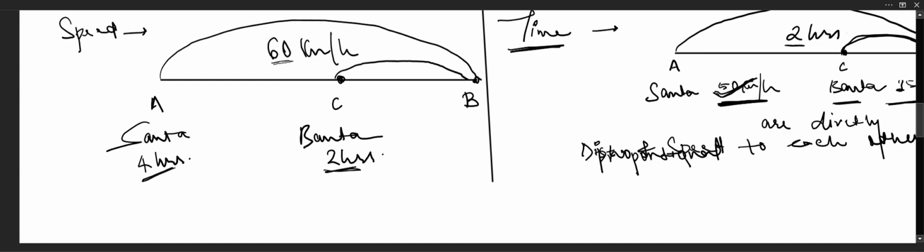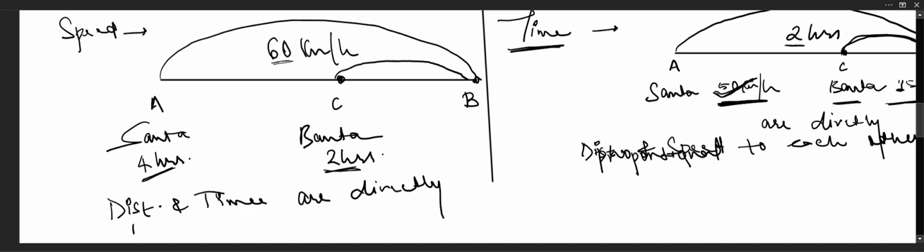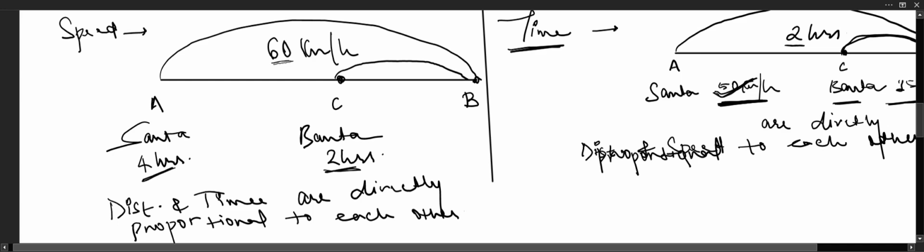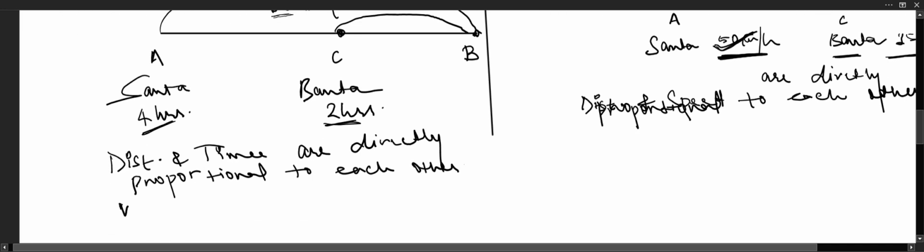So we can conclude that both distance and time are directly proportional to each other when we take speed as constant.